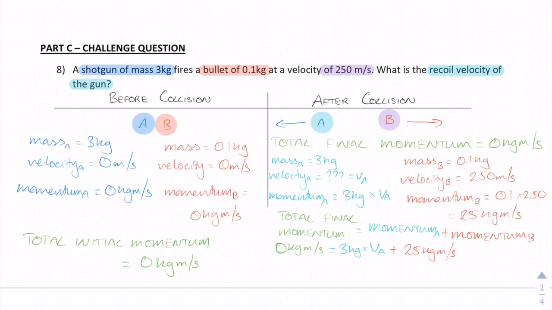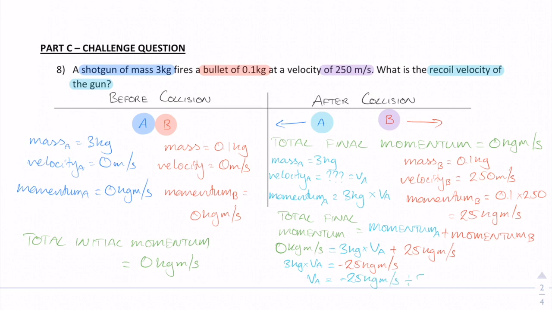By rearranging this equation, we can find that 3 kilograms times VA is equal to minus 25 kilogram meters per second.